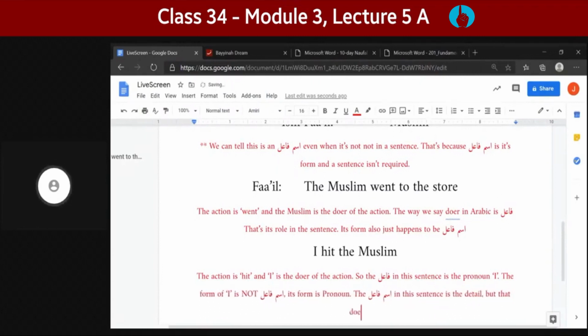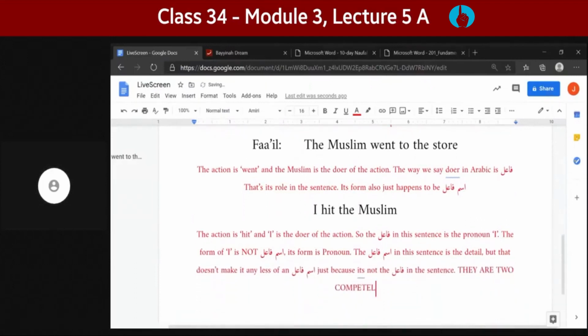But that doesn't make it any less of an ism fa'il just because it's not the fa'il in the sentence. They are two completely separate terms.